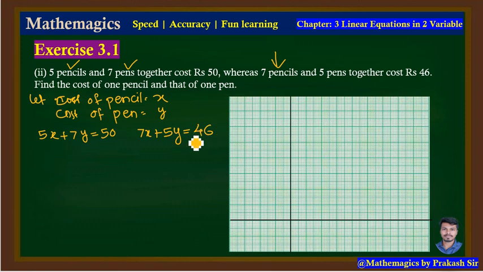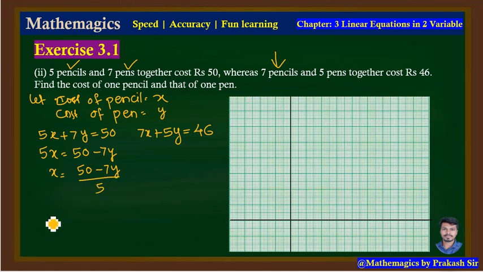So dear friends, here we got two different equations and with the help of these equations we are going to find out the coordinates. So in the first equation, we are going to calculate the value of x. So obviously here 5x is equal to 50 minus 7y. Hence x is equal to (50 minus 7y) divided by 5.